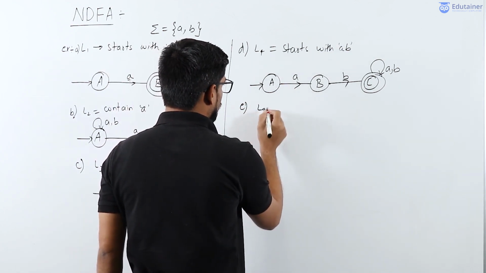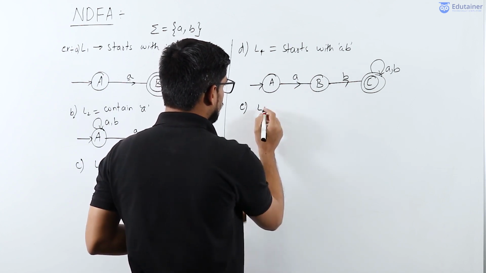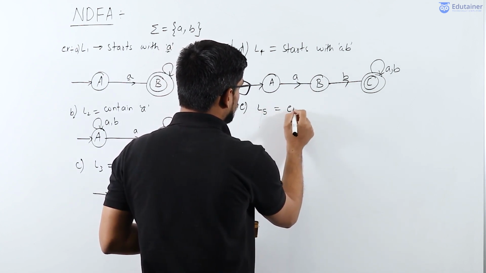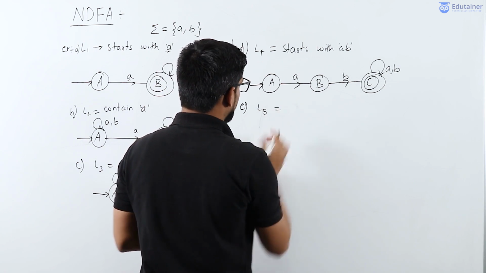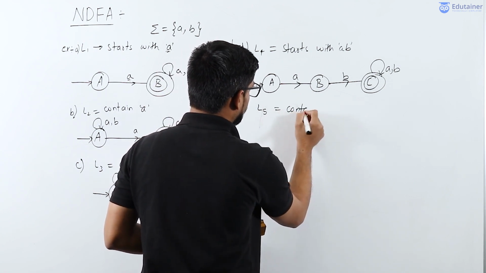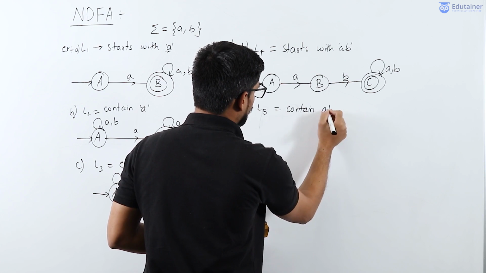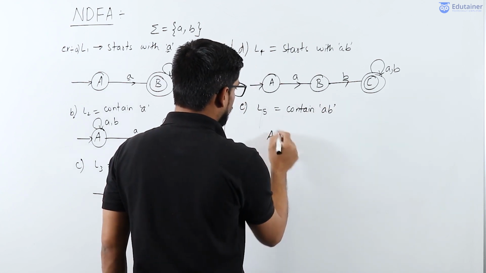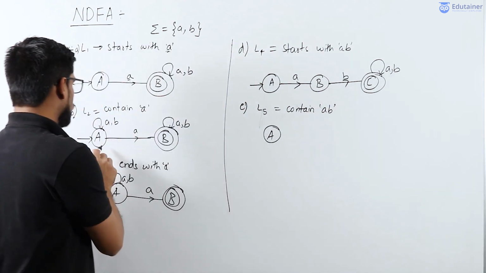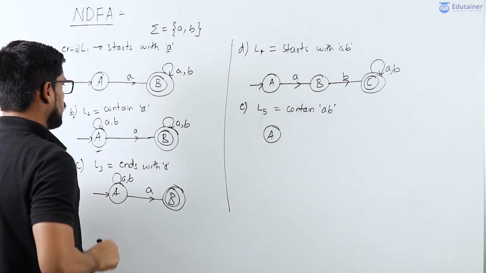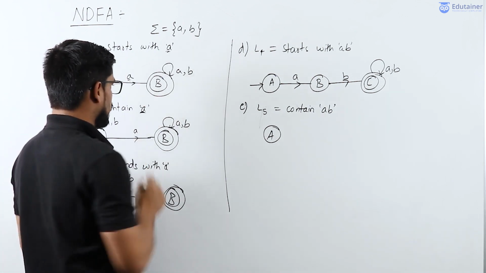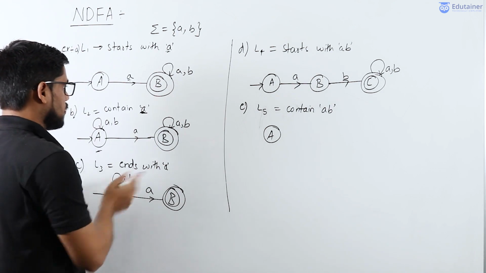Now the fifth language is, let's say, L5 contains AB. For contains AB, it is very similar to the language L2, which contains A. Here in place of A, I will put AB.